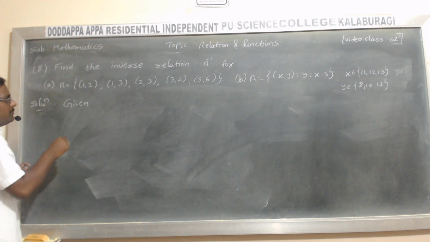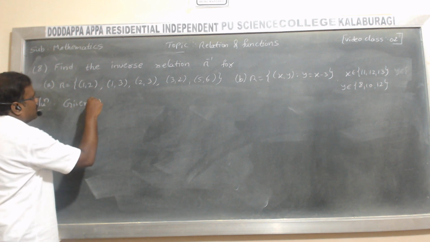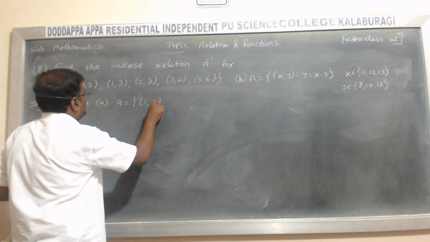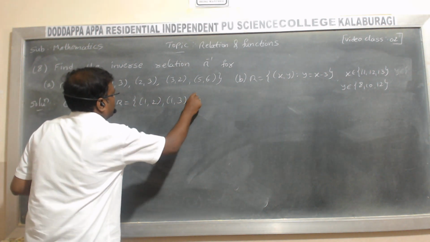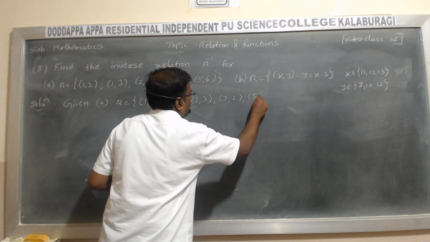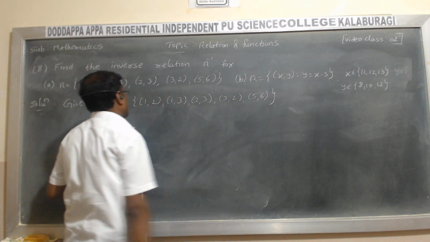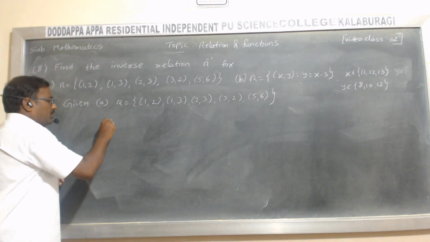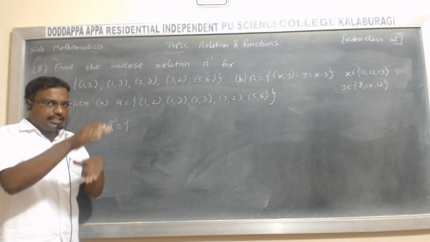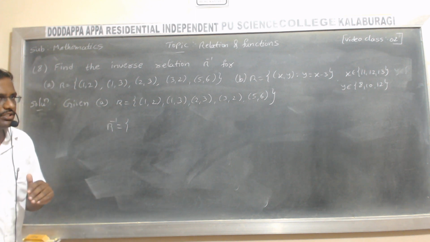What is the given? First, R is equal to the set of 1 comma 2, 1 comma 3, 2 comma 3, 3 comma 2, 5 comma 6. Okay, now you can find R inverse. Very simple. R inverse means you can interchange the domain and range.